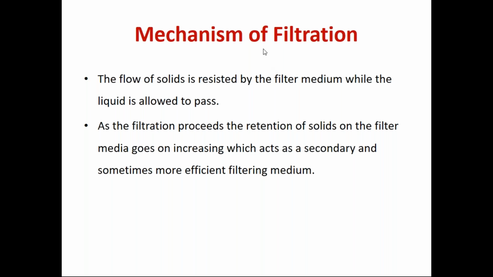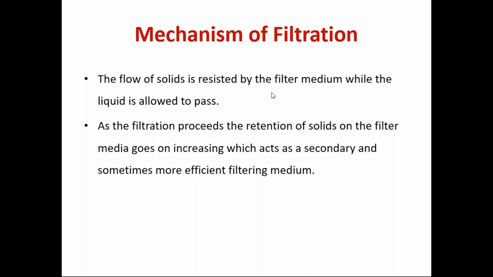So what is the mechanism? You take the filter. The filter will be able to stop the flow of the tea powder so that only tea will flow through the filter. You don't see, you just listen to me.